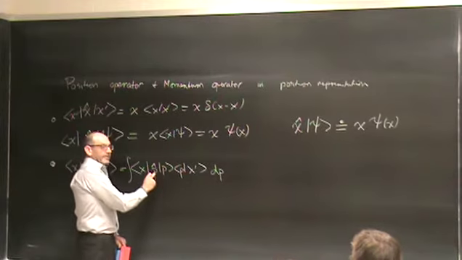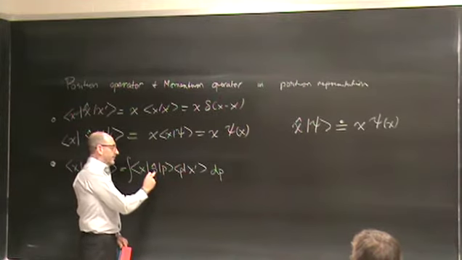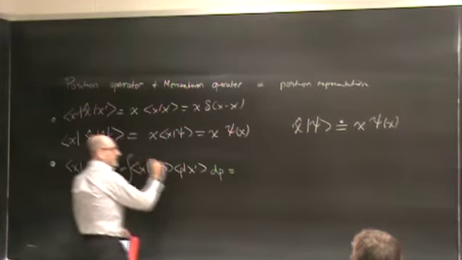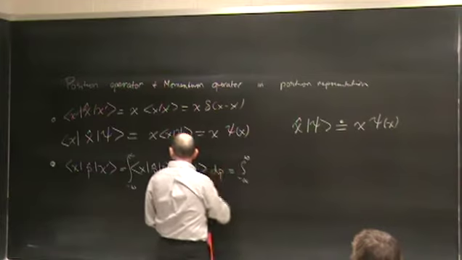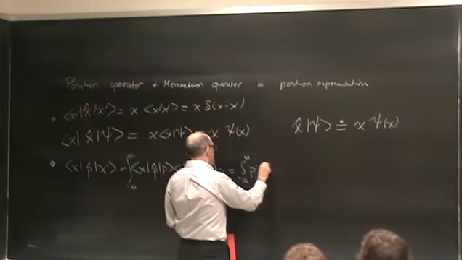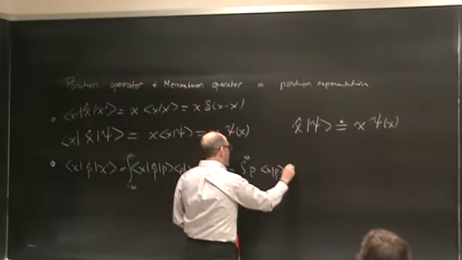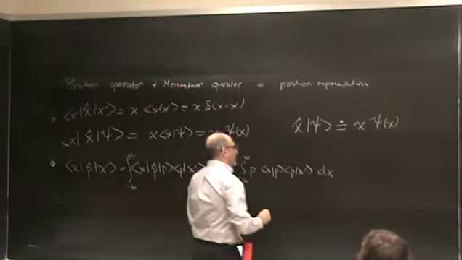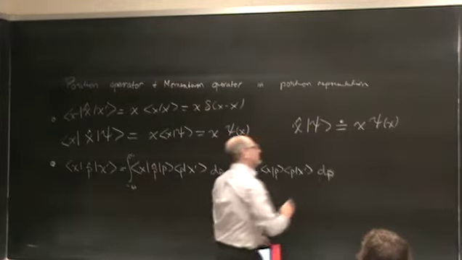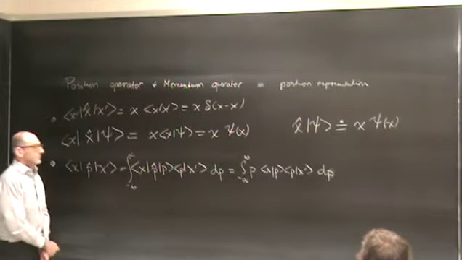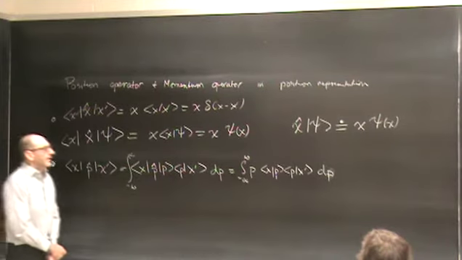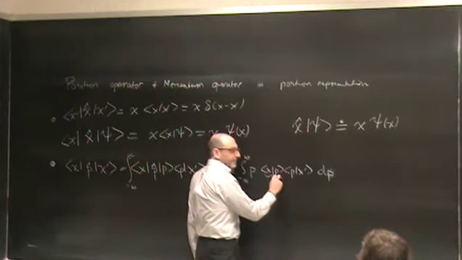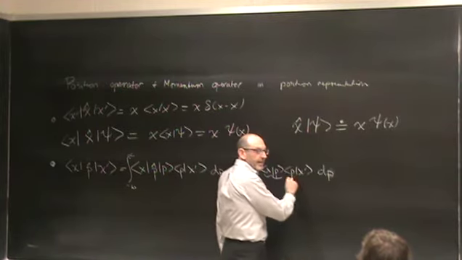This is an eigenvector of the momentum operator. So this is the integral from minus infinity to infinity, dp, of <x|p> p <p|x'>. This is e to the plus i x p, and this is e to the minus i x' p.